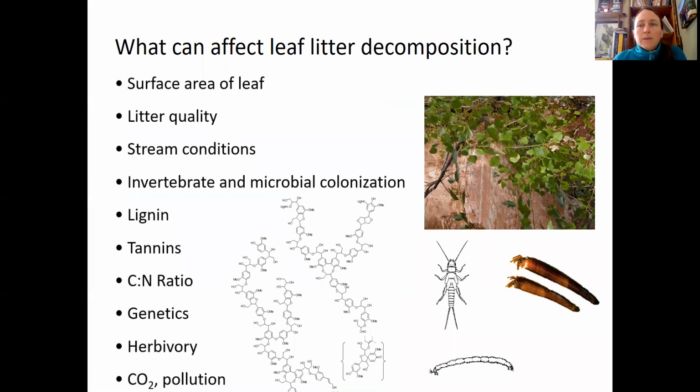So things like the surface area of the leaf, stream conditions like nutrient concentrations, the types of invertebrates and microbes present for colonization, concentrations of lignins and tannins in the leaf itself, carbon to nitrogen ratios, other nutrients, phosphorus, and then more surprisingly, things like the genetics of the leaf or herbivores in the terrestrial environment, or things like CO2 exposure in the terrestrial environment or exposure to pollutants like ozone and things like that.